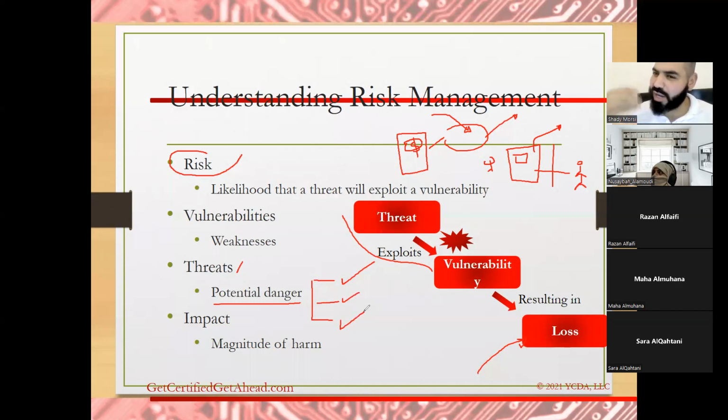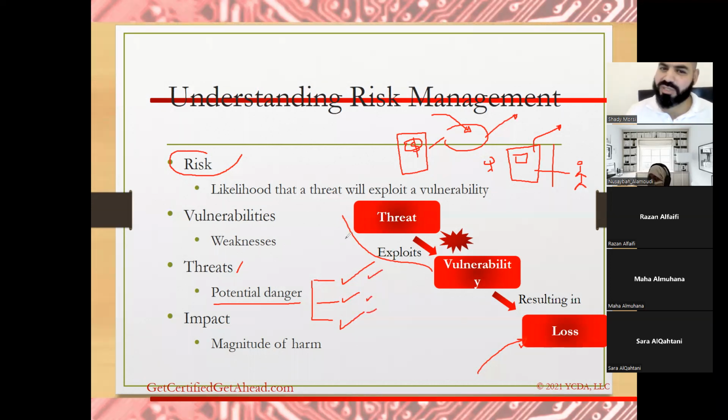Now we need to talk in a more scientific way. So yesterday we explained what a threat is. A threat, I told you, is a bad guy over there who wanted to cause harm to you. But what are threats in a more technical way? It's the potential danger to compromise your confidentiality, your integrity, your availability.